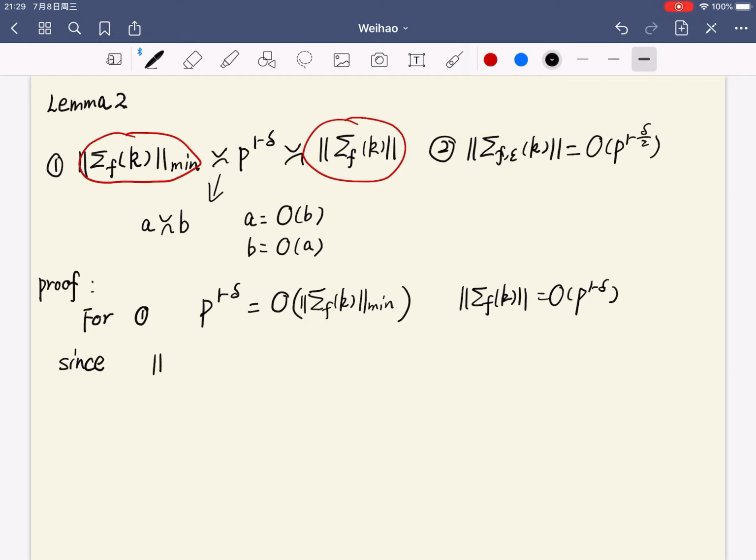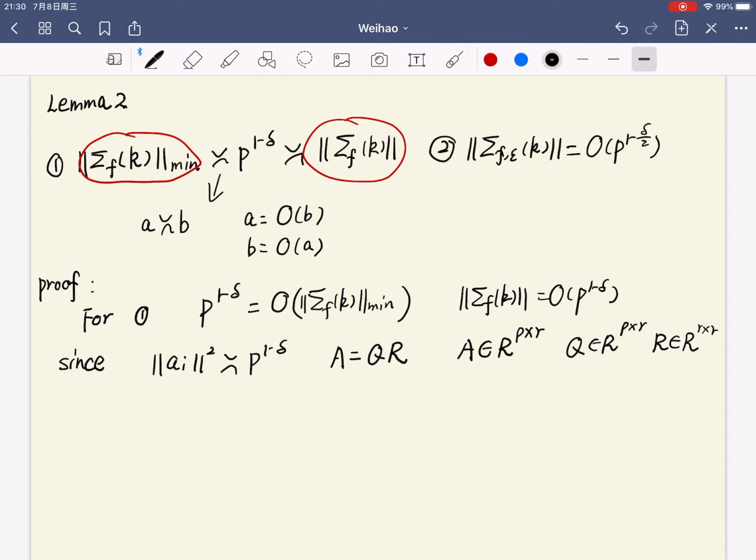Since by our assumption the factor strength is of order p to the power 1 minus delta, and by QR decomposition, where A is p by r, Q is also p by r, and R, the upper triangular matrix, is r by r.